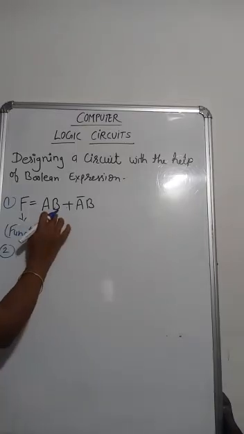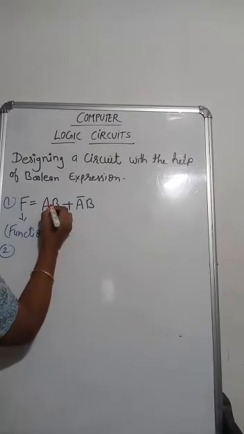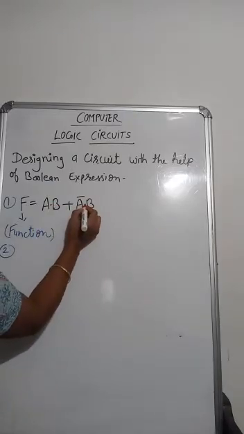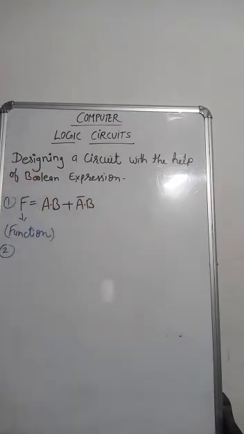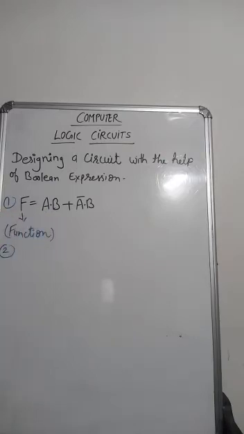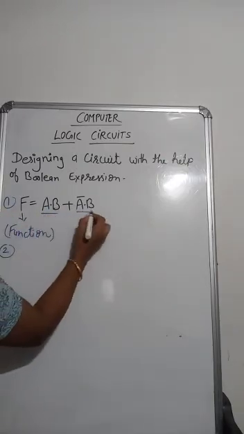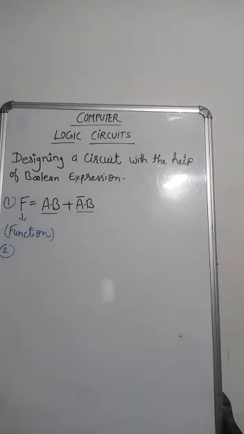In these two terms, one dot is here and here also. Okay, so dot represents an AND gate. So for this and this, we have to make two AND gates.